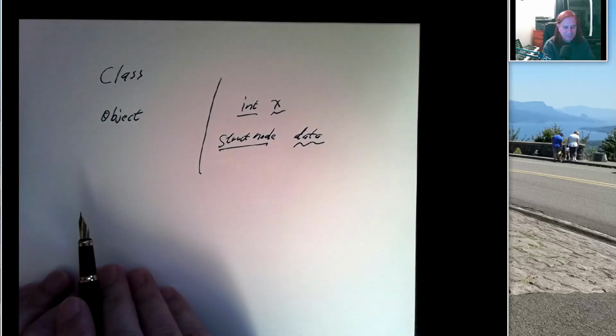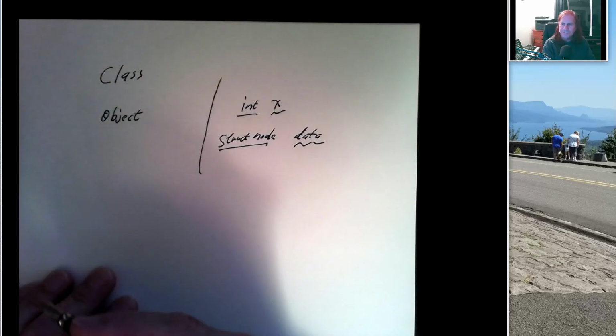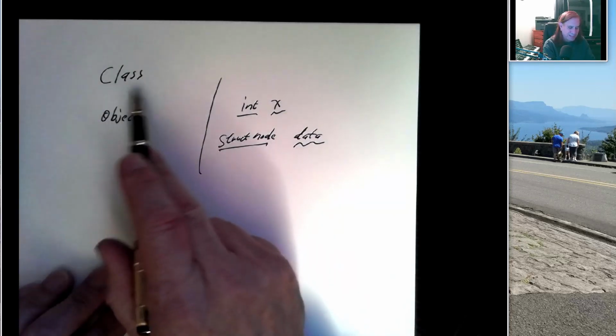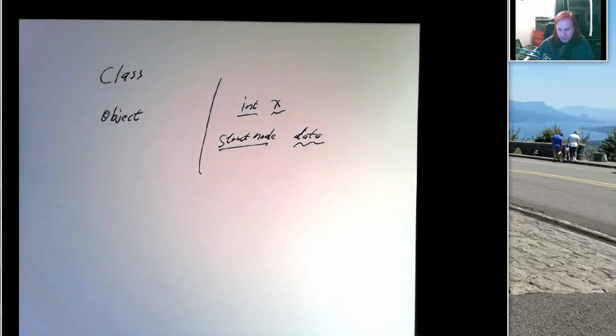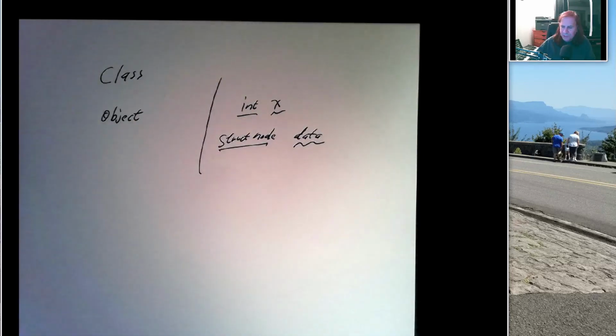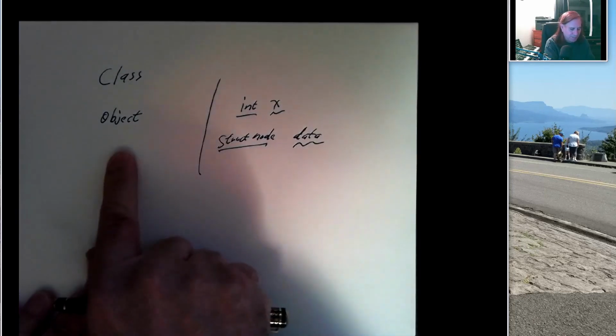So sometimes it's helpful if you think of building a house from a blueprint. The class is kind of like the blueprint, right? We could make a lot of different classes. We could have a blueprint for a one-story house. We could have a blueprint for an office building. We could have a blueprint for an apartment complex, right? And with a particular blueprint, we could make multiple objects.